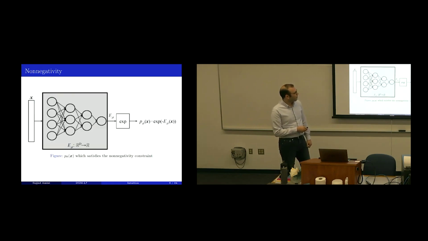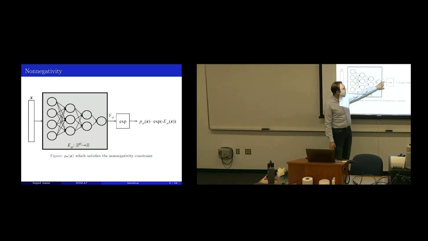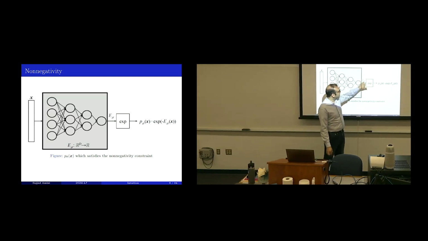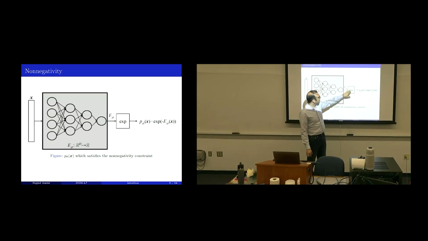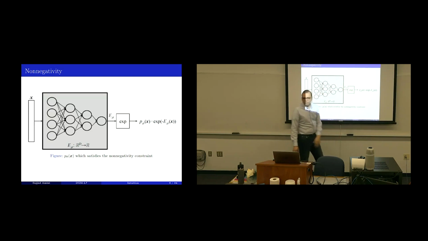The first one is very easy to satisfy. How? I can assume that I have the model. This model outputs something like E theta, and then I input minus E theta into an exponent. For example, I add a minus term to E theta, and the output, exponent of minus E theta, is always positive.